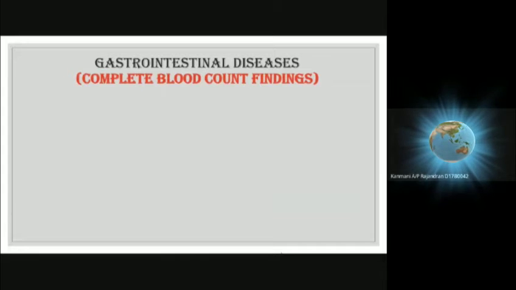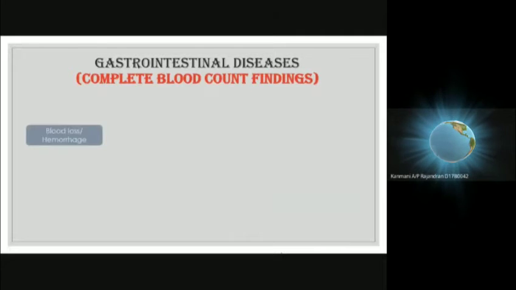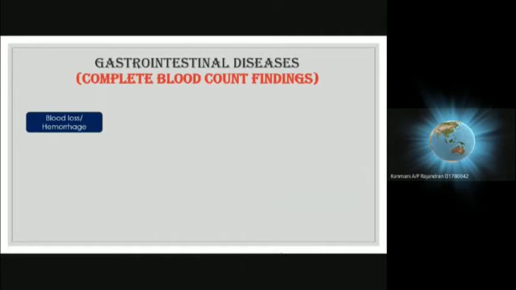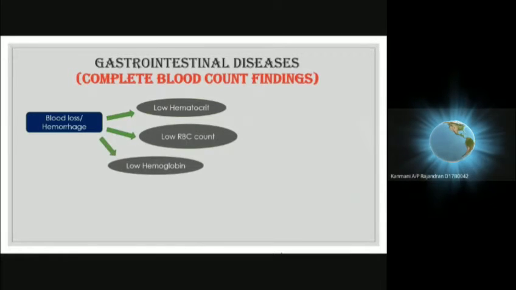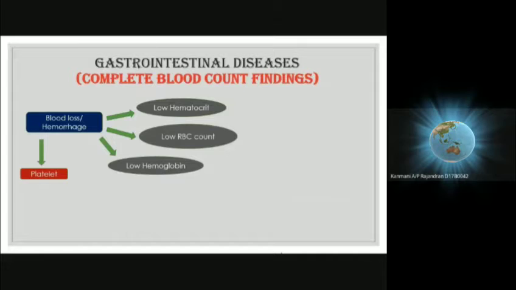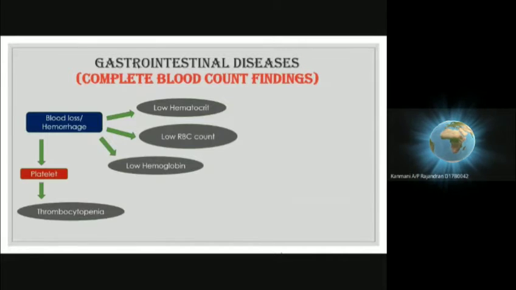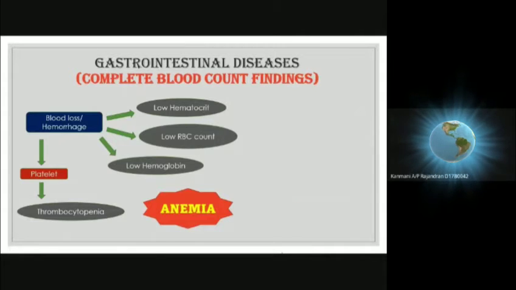Well, for gastrointestinal diseases that cause hemorrhage or blood loss, the complete blood count findings will show low hematocrit, low RBC count, and low hemoglobin, which indicates the animal has anemia. Besides that, in the CBC, there will also be a lower platelet count, which is known as thrombocytopenia.